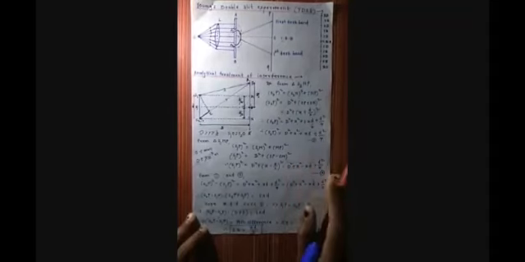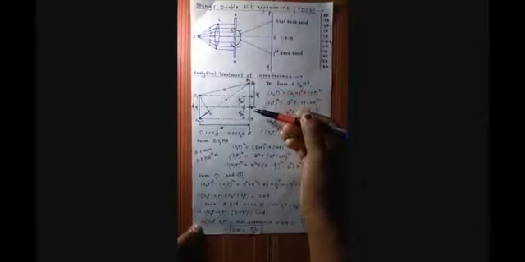Okay, similarly from triangle S1MP, again a right angle triangle, so apply Pythagoras theorem. S1P square is equal to S1M square plus MP square.